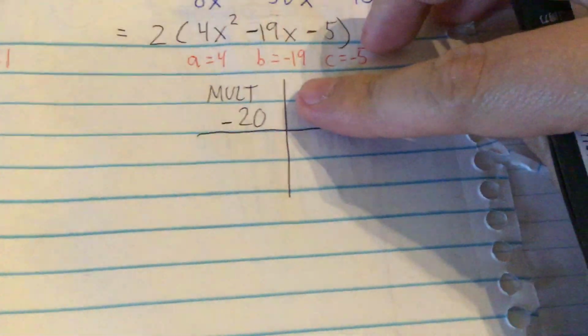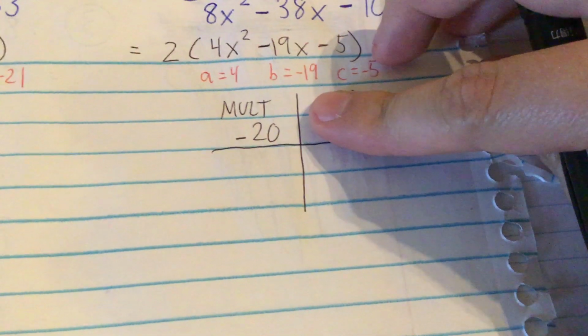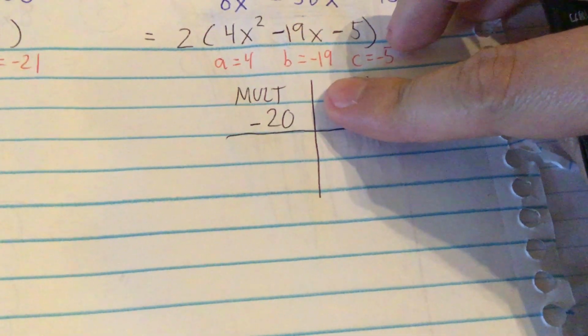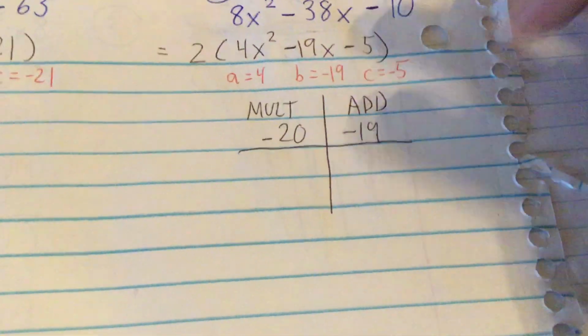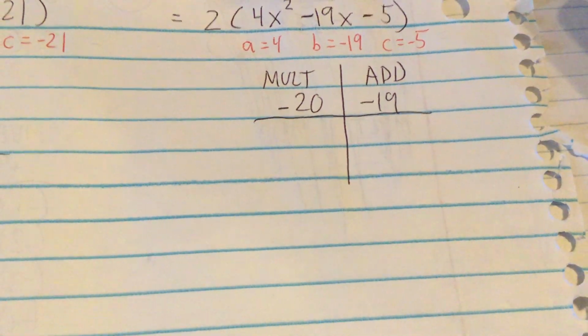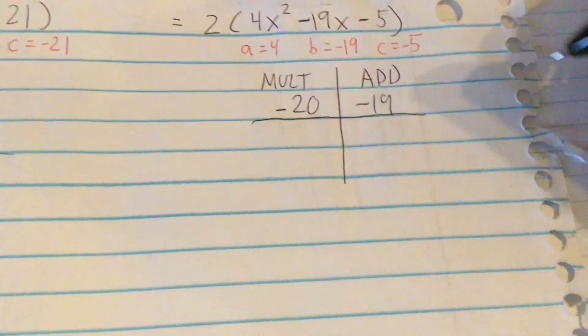So I'm going to cover this up just to clear my head. If it multiplies to get negative, then that means that one of them has to be positive, one of them has to be negative. What does the add to negative 19 tell me? The negative has to be stronger than the positive.